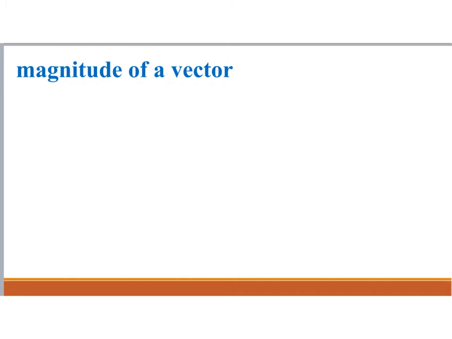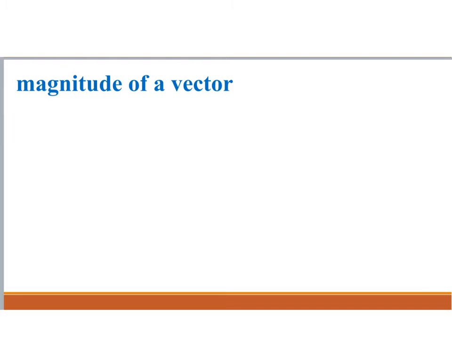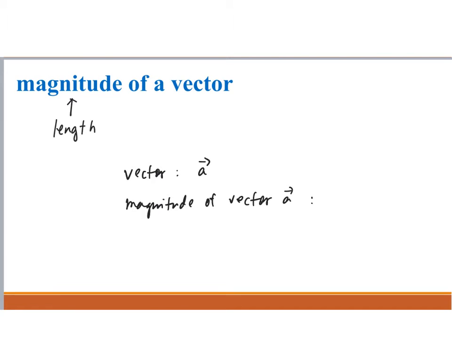The magnitude of a vector just means the length of a vector. In terms of symbols, if the vector is vector A, then the magnitude of vector A, we use the modulus or the absolute value symbol.